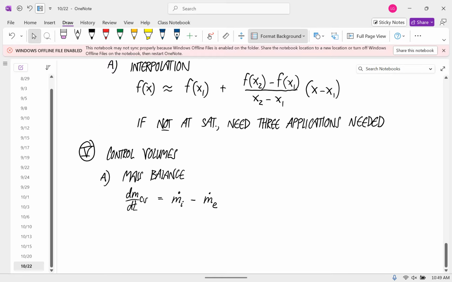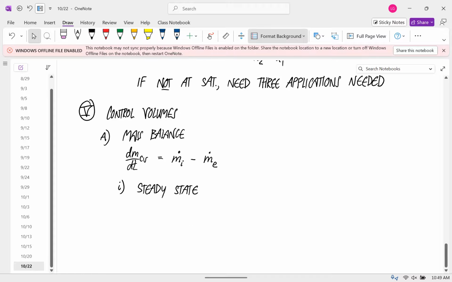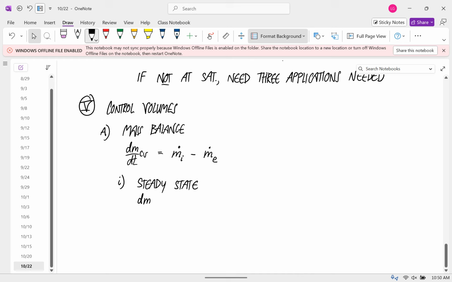And there are a couple of things that are useful with this. The first one is if you're at steady state, then there's no change over time in the mass in the control volume. And so that results in m dot at the inlet being equal to m dot at the exit, and you can just call it m dot.